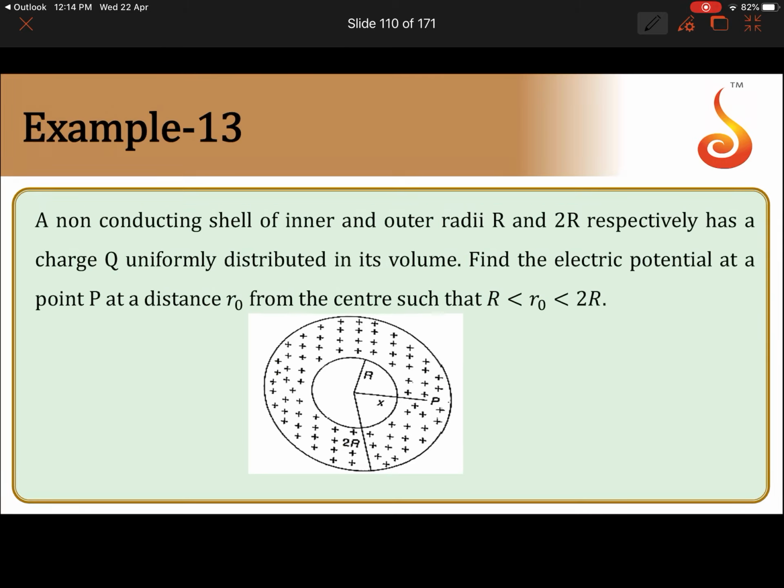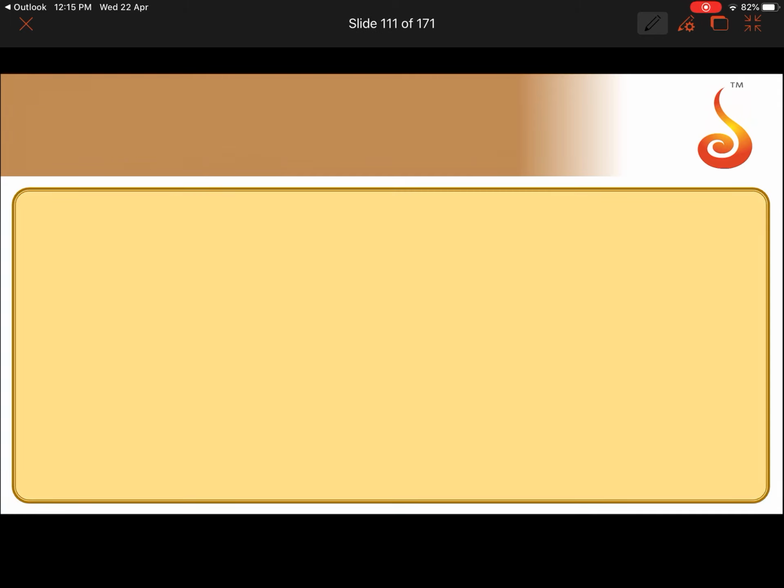Now come to the next question. A non-conducting shell of inner and outer radii r and 2r respectively has a charge q uniformly distributed in its volume. Find the electric potential at a point P at a distance r0 from the center such that r0 is greater than r, less than 2r. That is somewhere in between the two. Okay.